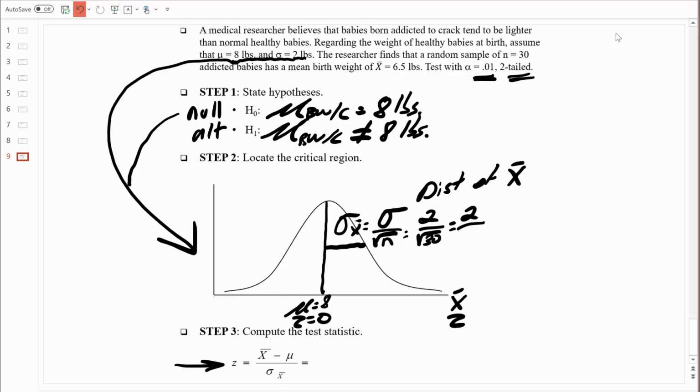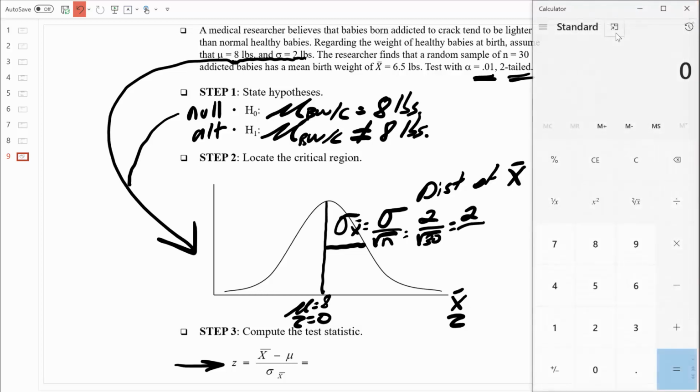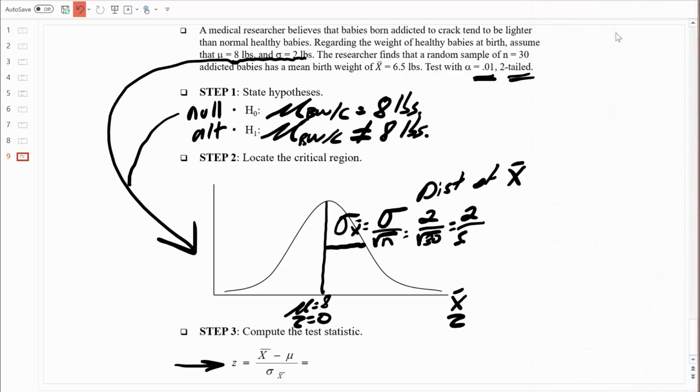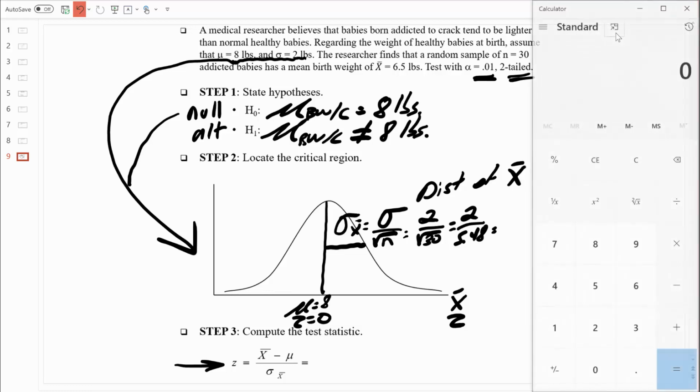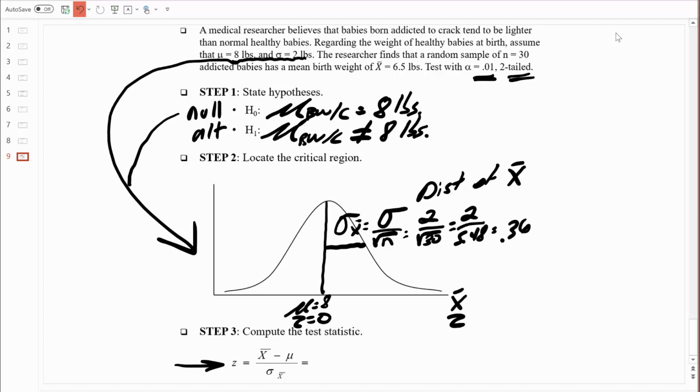We're going to have 2 divided by... I'm going to type in 30 and then hit my square root key. That equals about 5.48. And then finally, let's take 2 and divide by 5.48. 2 divided by 5.48 equals about 0.36.